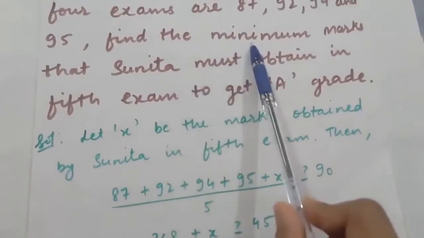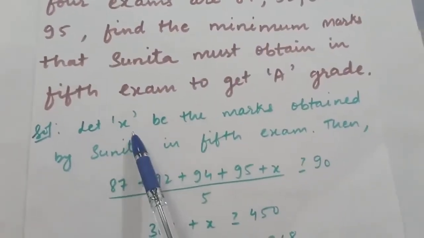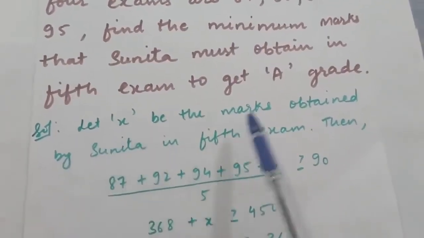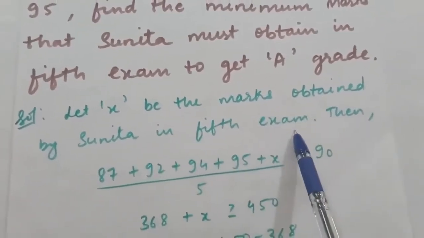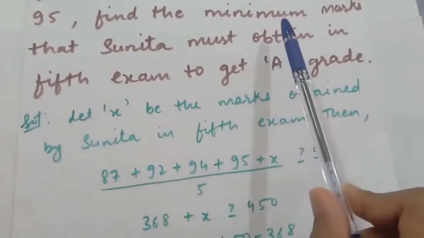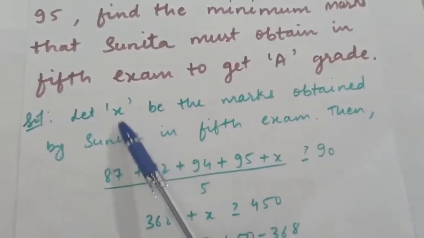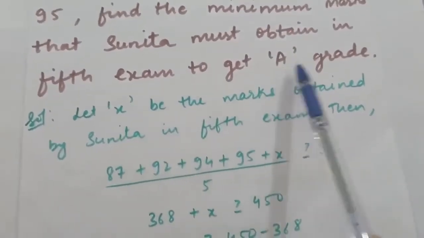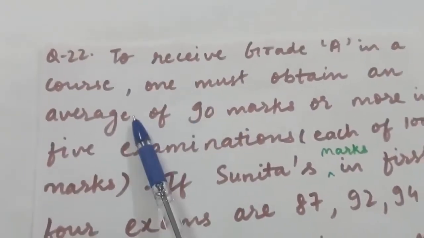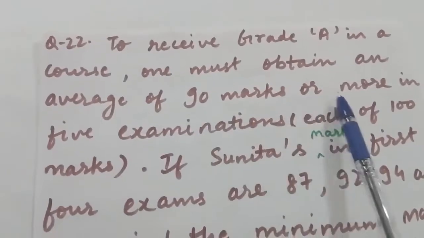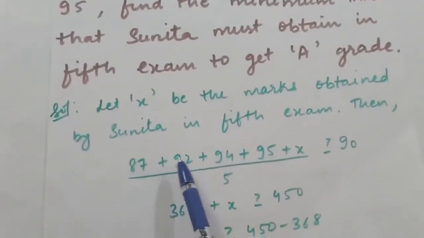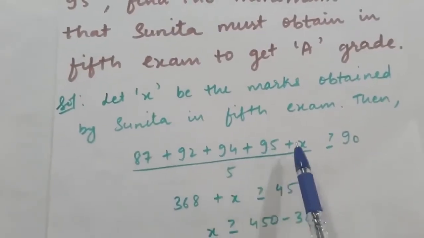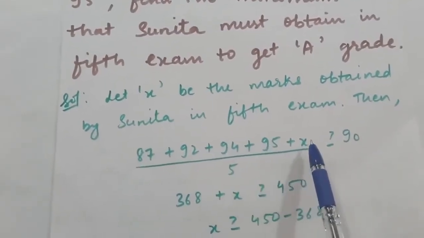Whatever we want to find, let that be x. So let x be the marks obtained by Sunita in the 5th exam. Now they are asking for the minimum of this x so that Sunita gets grade A. For grade A, the average should be either 90 or more. So the average will be the 4 exam marks given plus the 5th exam marks, which we let as x.